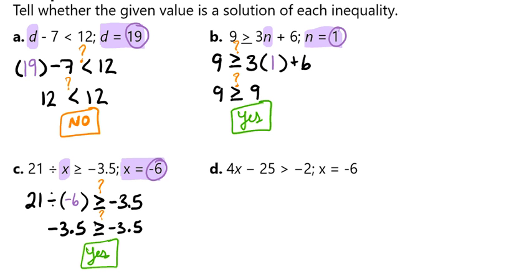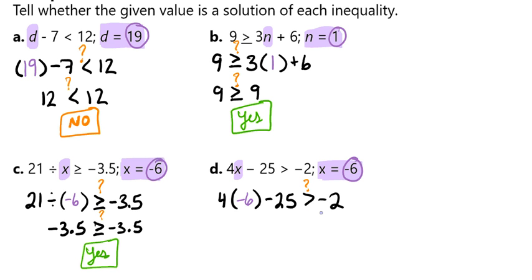Let's do another one of these. So here we have 4x minus 25 is greater than negative 2, where x is negative 6. So we're going to take the negative 6 and plug it in for the x. So 4 times, we're going to leave our parentheses there. We're going to set up the rest of our problem, right? And so we plug in that negative 6. So we want to know, is 4 times negative 6 minus 25 going to be greater than negative 2?